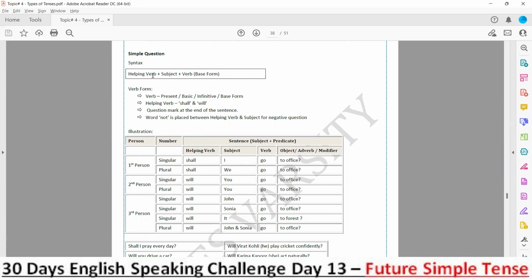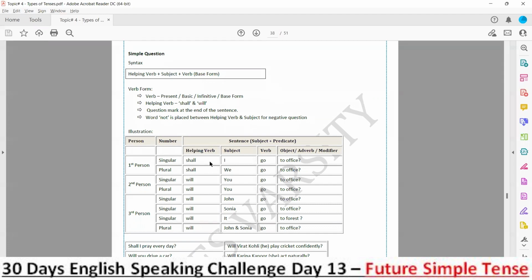So whatever affirmative sentence we have, we just rearrange the sequence of words. We just bring the helping verb before the subject. That's all. The remaining words remain the same.